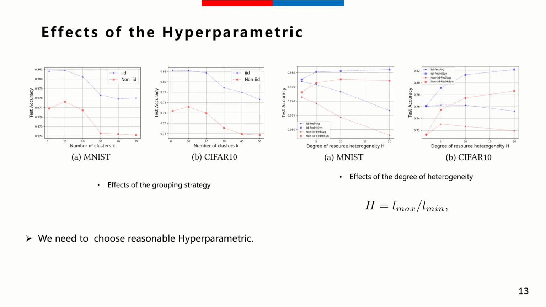The greater the H is, the greater the degree of resource heterogeneity, as shown in the second figure. When H is set at 2, 4, 10, and 20, respectively, the accuracies of the FedAverage model show an obvious downward trend on the two datasets, while those of FedHiSyn are considerably improved.